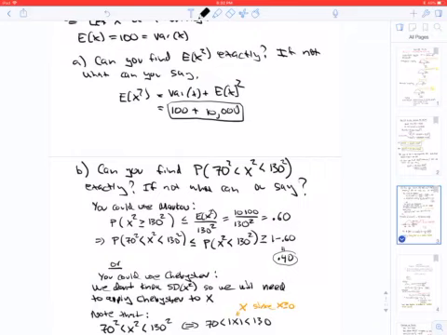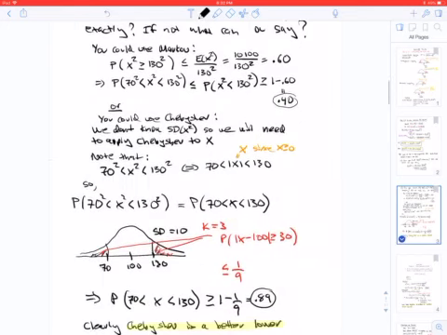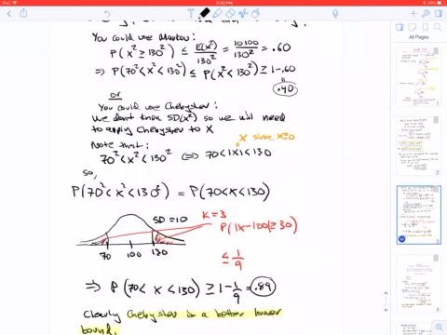And since the probability of the region that we're looking for is clearly less than just x squared less than 130 squared, we can conclude that a lower bound for the probability of interest is 0.4, but in fact we can do better with Chebyshev.